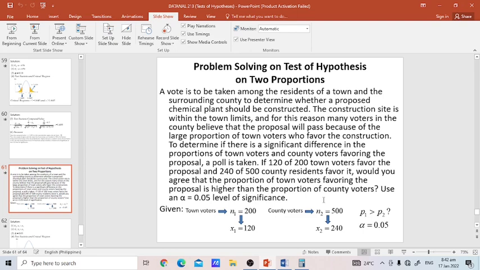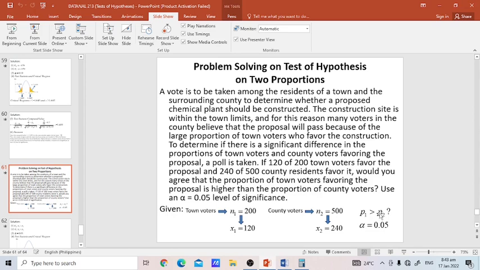Okay? Sample lang kinuha natin. So, ititest ngayon natin whether yung nakuha natin na 60% at 48% ay significant para ma-generalize natin na the proportion of town voters favoring the proposal is higher than the proportion of county voters. Okay? So, let us continue.